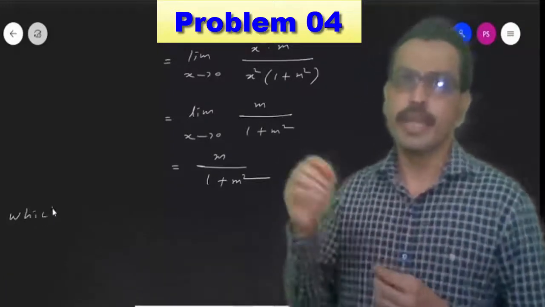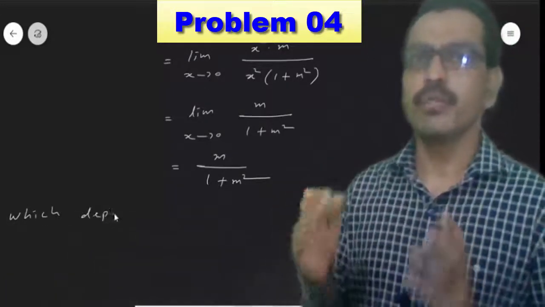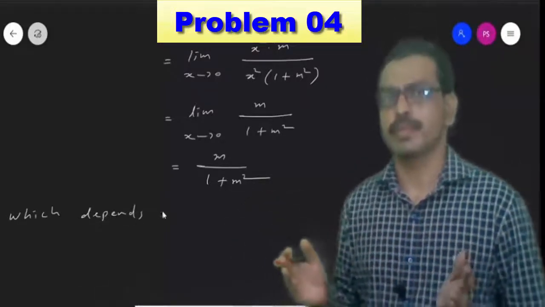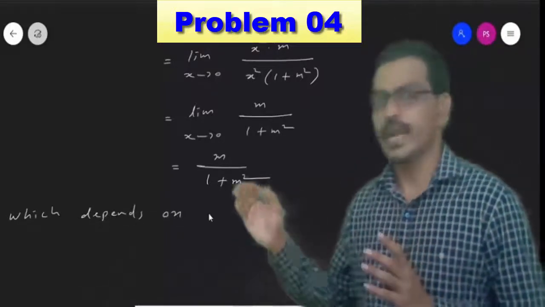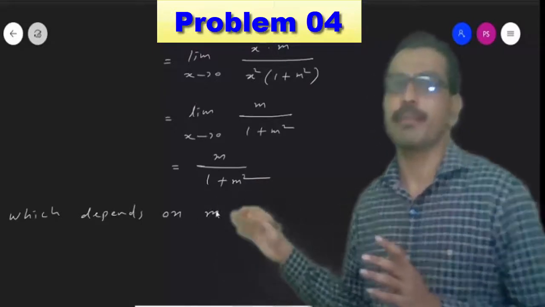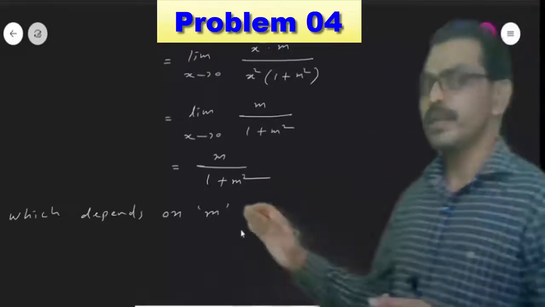If we take different values of m, then we get different values of the limit. Therefore the limit depends on m.